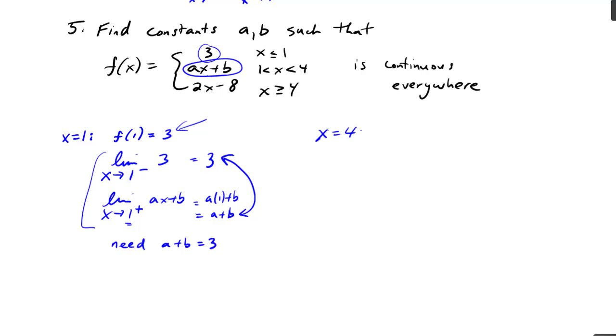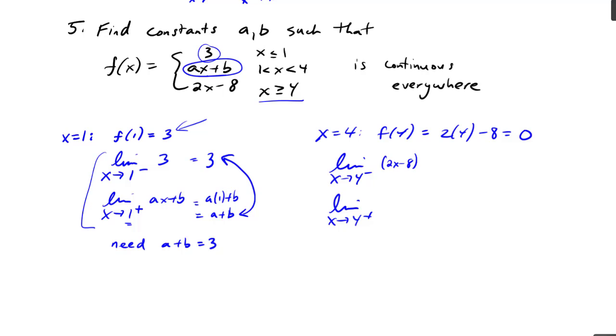At x equals 4, f of 4 is included here, so 2 times 4 minus 8, or 0. Okay, but then I'd need to look at my limit, x approaches 4 from the left and from the right. As x approaches 4 from the left, I'm in here, so this would actually be ax plus b.